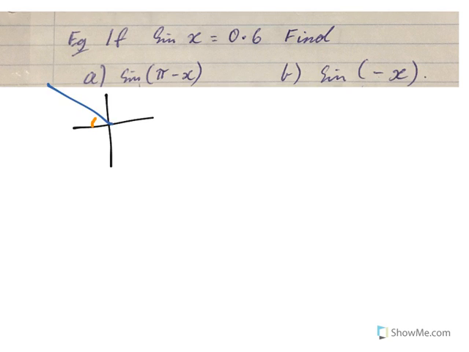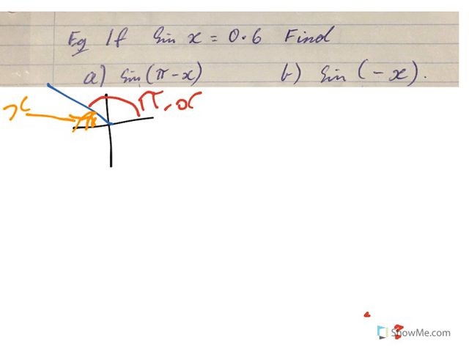So if we put a line there, this angle here is pi minus x, because this angle in here is x. Remember, of course, negative means going in the opposite direction, which is for angles clockwise. So what do we know from that?